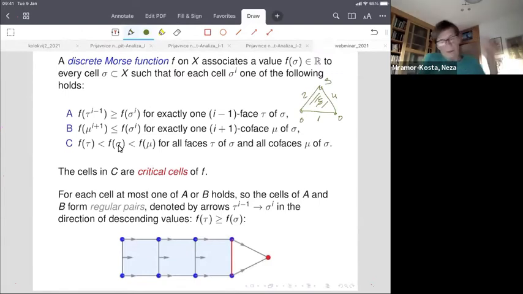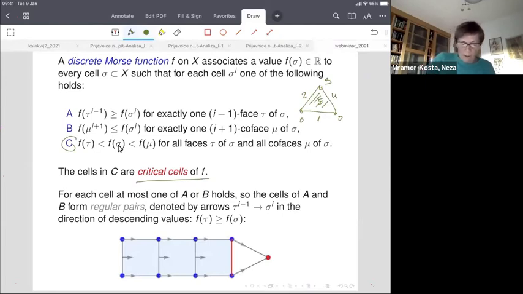So either a cell has a face with a higher value or a co-face with a lower value. Now this last possibility, where the values of the function actually increase with dimension from the faces to the co-faces, these are the critical cells. So here in this last class, we have these critical cells of the function f.